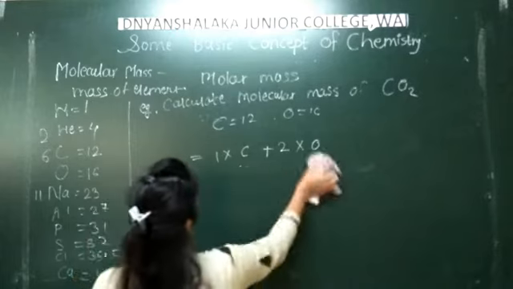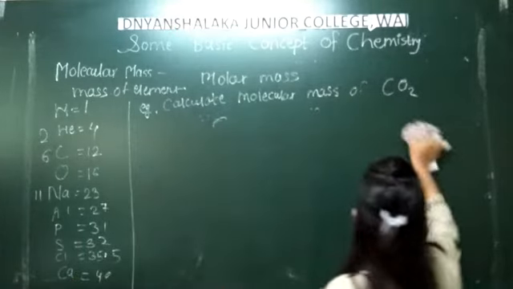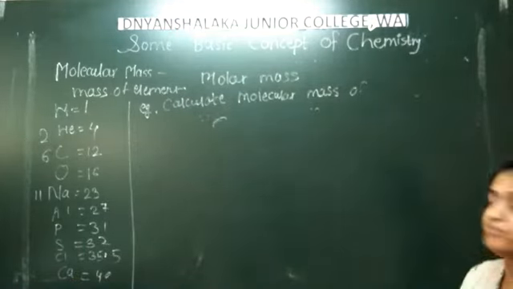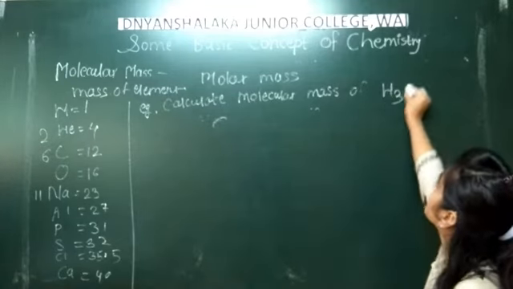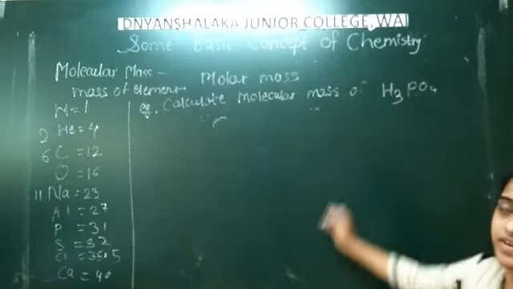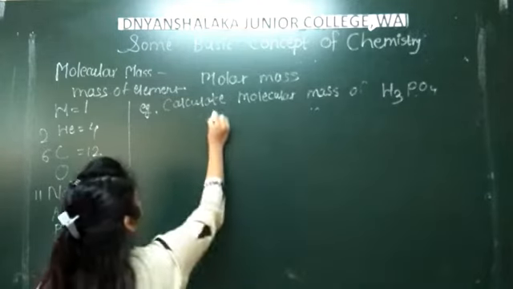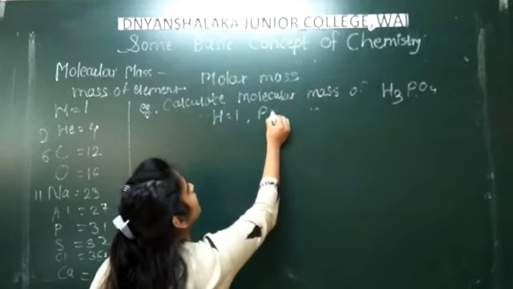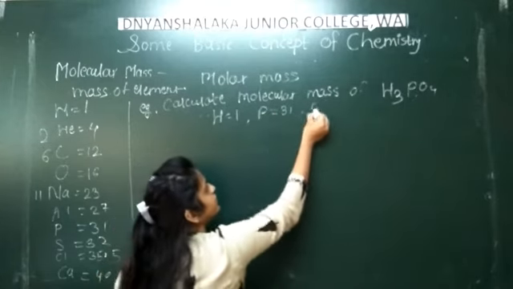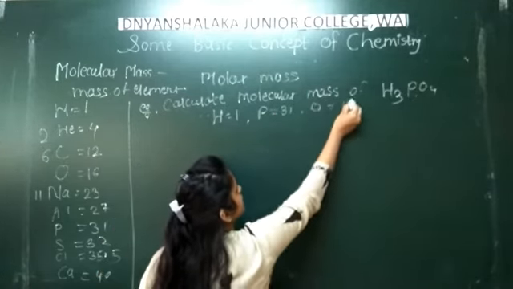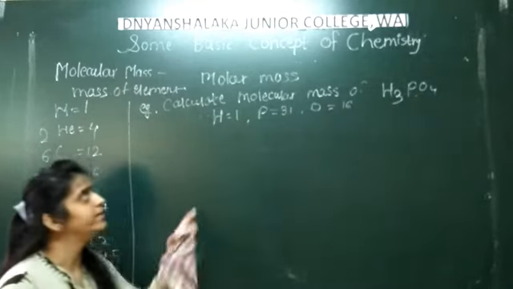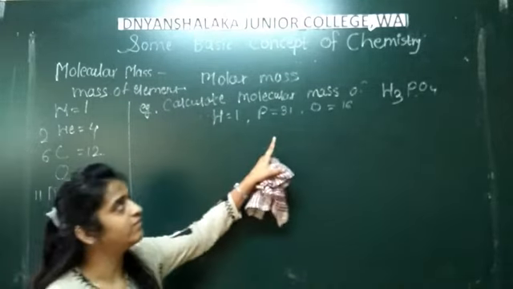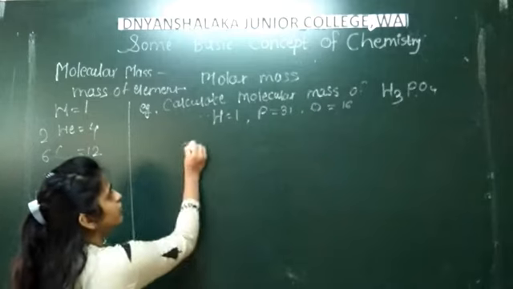Next example, H3PO4, phosphoric acid. We use the atomic masses of hydrogen 1, phosphorus 31, oxygen 16.